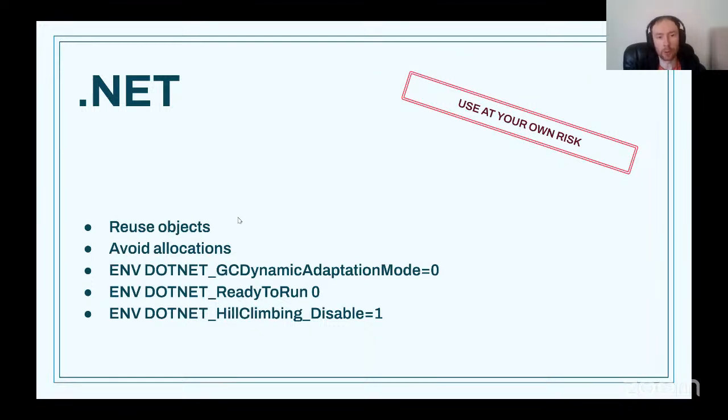I'm talking about maybe singletons that you can reuse between requests, and also about some pools. You can use some object pools, string builder pools, memory pools. Anything that allows you to reuse objects really improves performance. And it also allows you to avoid allocations, which I put on the second point here.